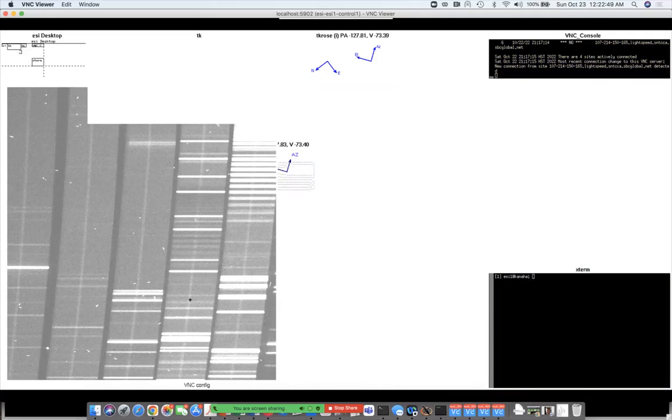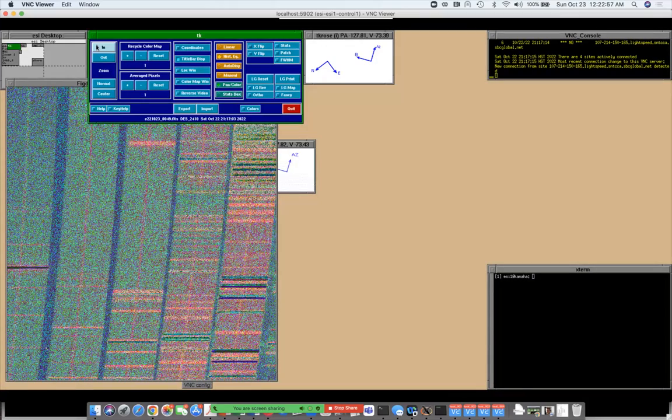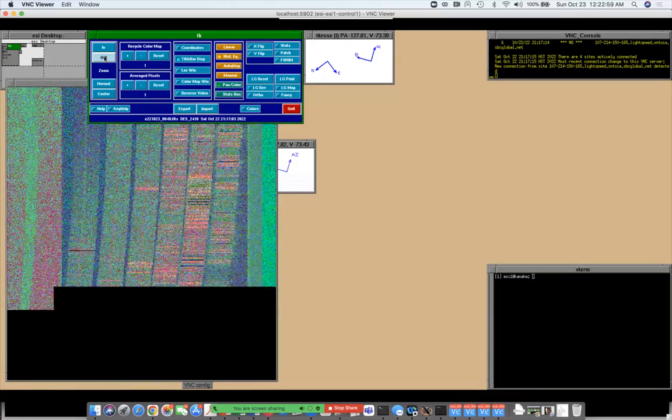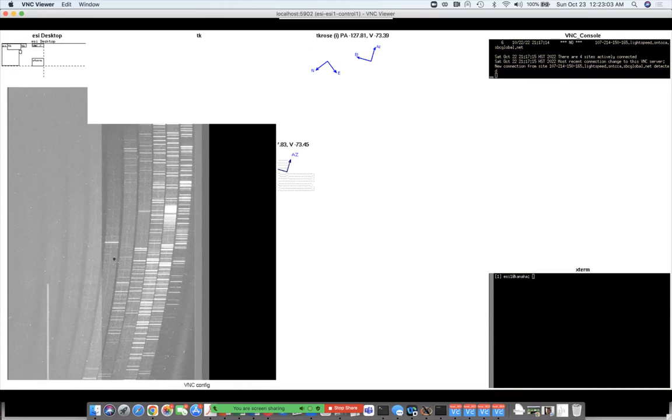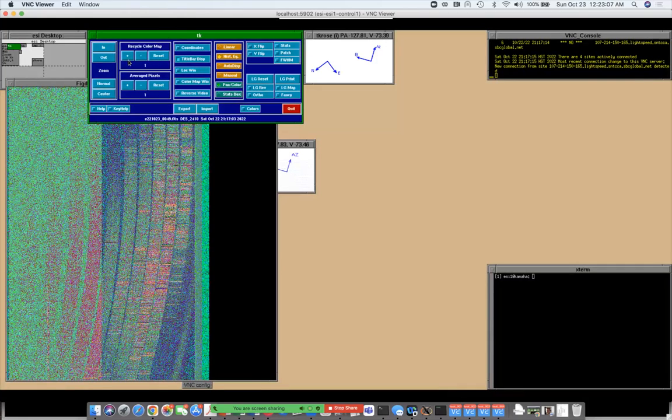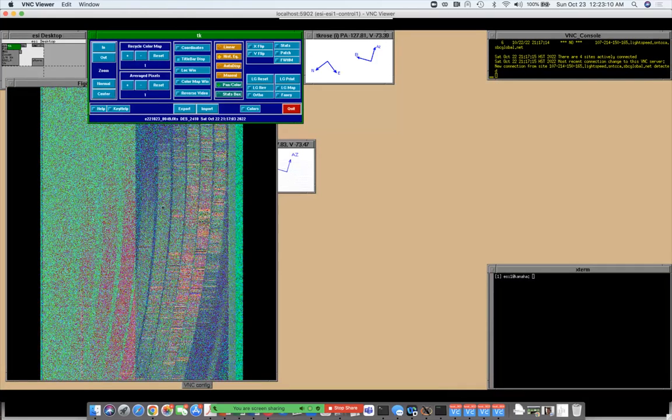This slightly tilted, slightly curved streak of light is the spectrum of the star. If I zoom out, you'll see the whole spectrum. I apologize for this funky color, but it is the whole spectrum of the star.